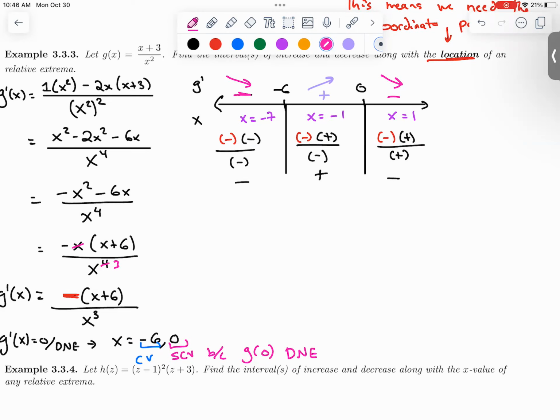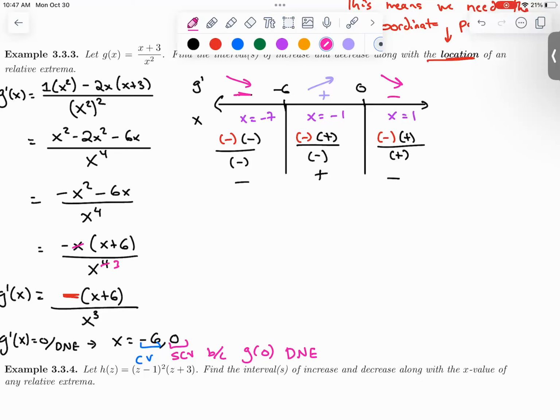Because if we were just being asked to find the x values of relative extrema and not the location, you'll notice that you would say, okay, there's a relative minimum at -6 and there's a relative maximum at 0. Based on the sign chart, that's what it would say. But 0 is not a relative maximum or minimum because g of 0 does not exist. Does that make sense? That's why we need to be a little bit careful in identifying our CVs versus our SCVs. So 0 is not a relative maximum.